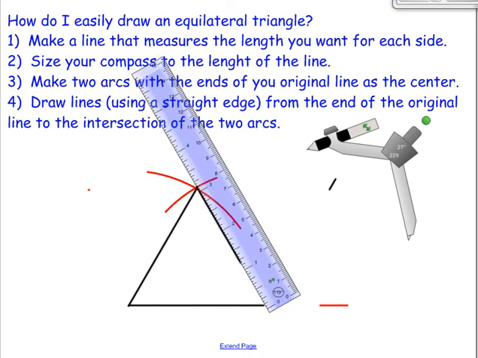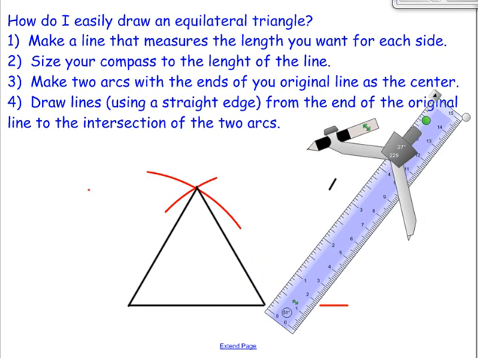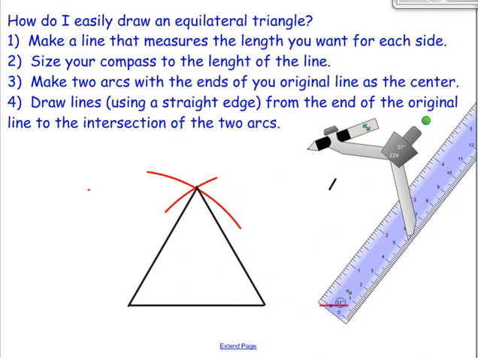Draw one more straight edge here, and again, voila, we have an equilateral triangle with all 3 sides being 3 inches. So you can try that at home tonight if you want, just to see if you can do that. But 2 easy ways to draw isosceles and equilateral triangles.